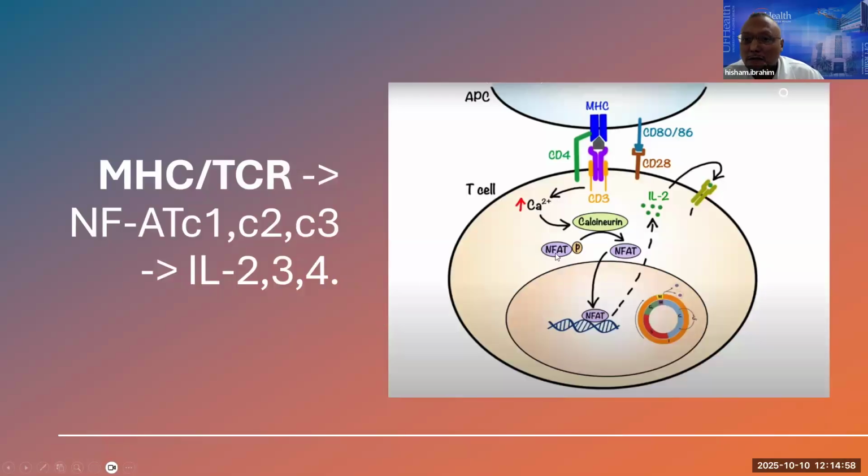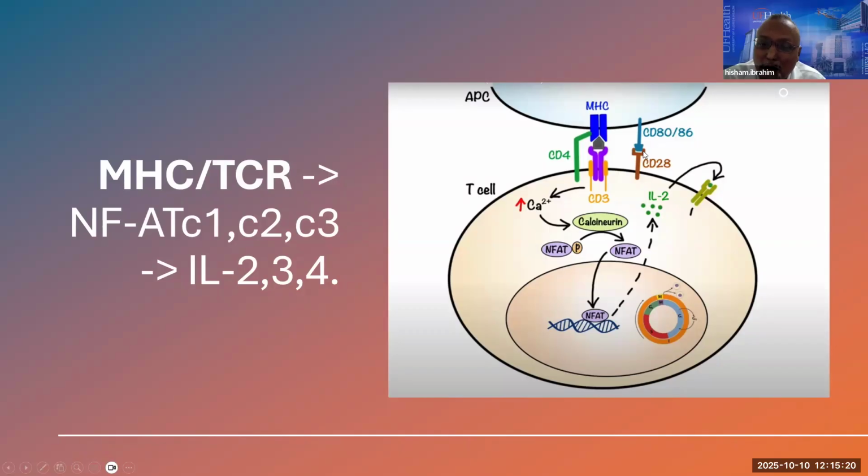Here I'm showing a depiction of the process working in the T lymphocyte. Here's the activation of the ligand: the CD3 CD4 receptor, the T cell receptor, binding the MHC receptor on the antigen presenting cell, along with signal 2.